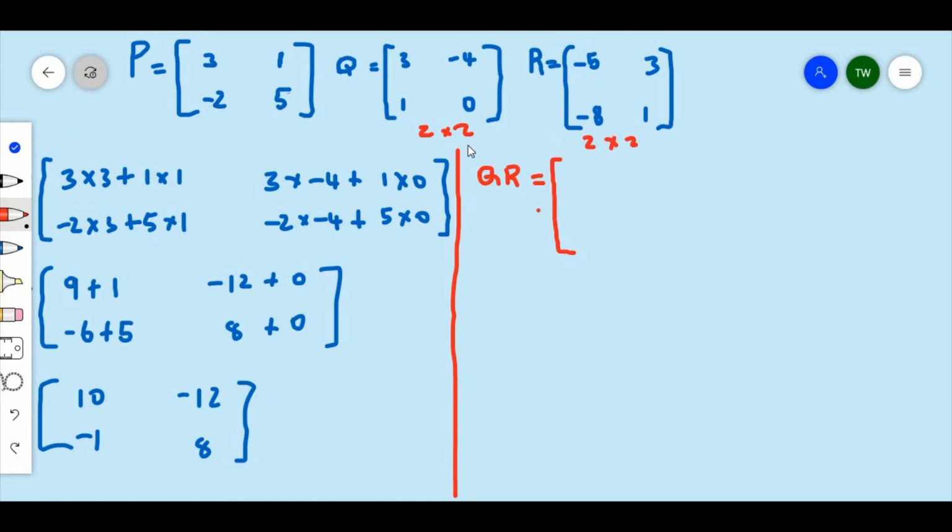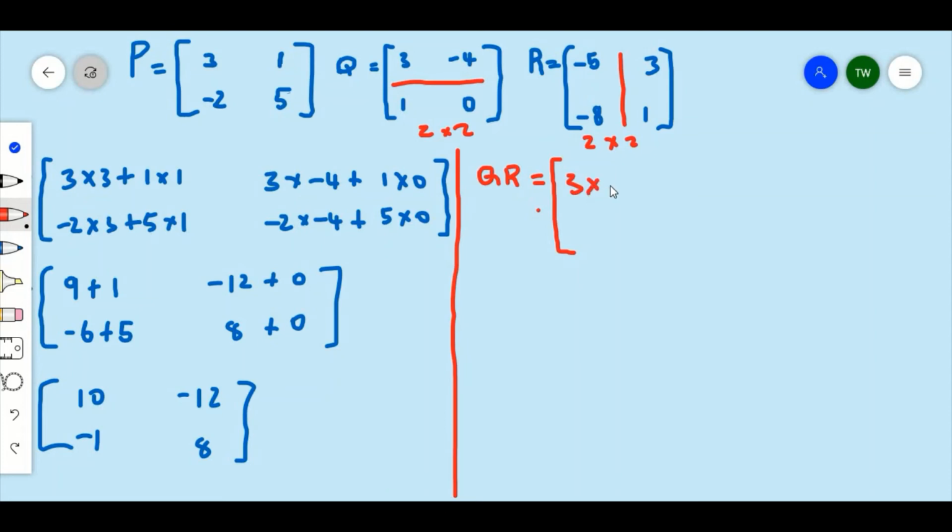We also note that the number of columns in Q is equal to the number of rows in R. That means they can be multiplied, and we know that our resulting matrix is going to be 2 by 2. So here again it's going to be row times column, right?